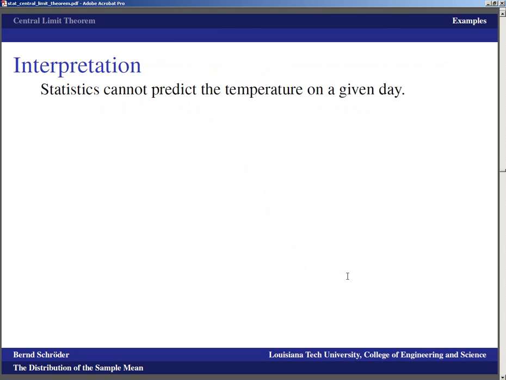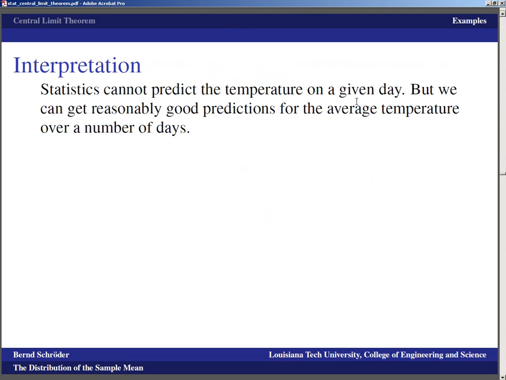Well, the interpretation is that statistics cannot predict the temperature on a given day, right? But we can get reasonably good predictions for the average temperature over a number of days here.